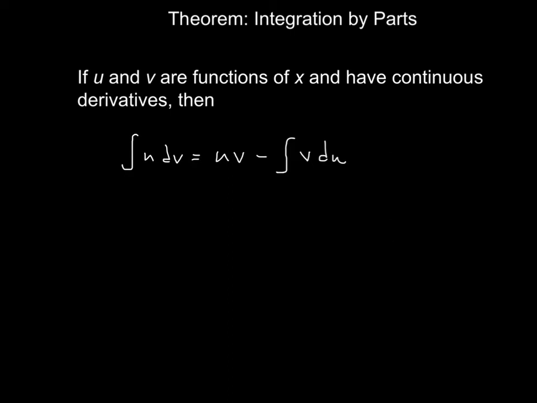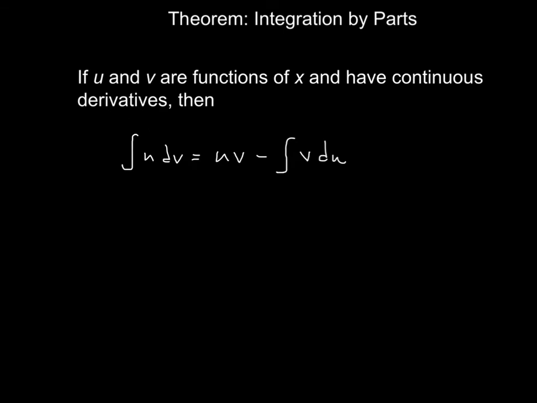Now, this is actually a form of what the solution is going to take. And so the key is going to be identifying what is u and what is dv. Once we know what u is, we can find du. And once we know what dv is, we can find v. And then we're able to plug everything in here.